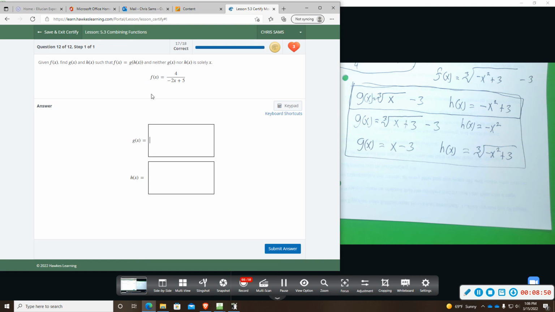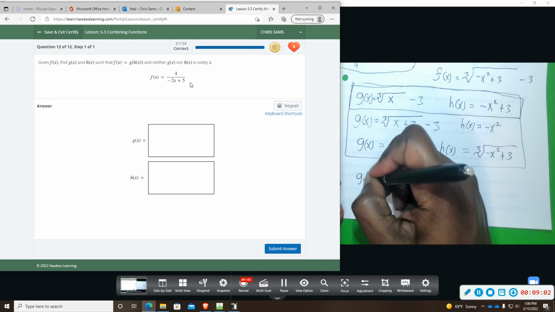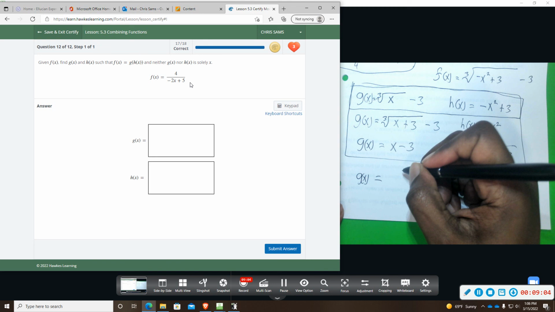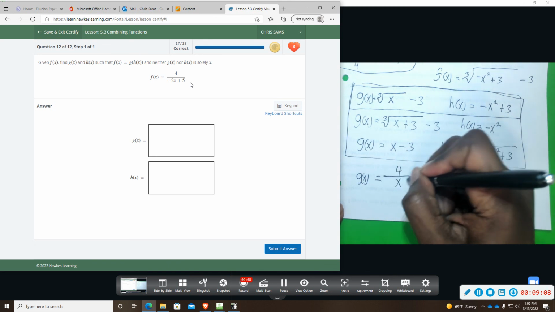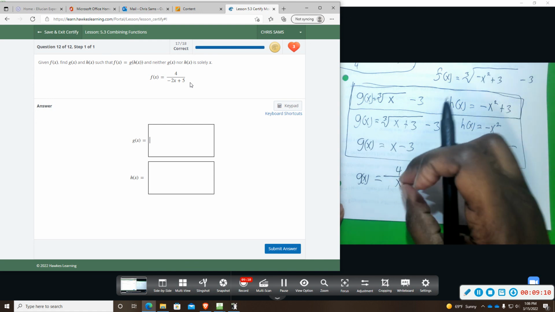And then we have one more decomposition. We're going to do the same thing. So look, we have a fraction bar. So this is kind of like my grouping symbol here. So my outer function, g of x, I'm just going to let it be equal to 4 over x. Just replace everything. 4 over x.